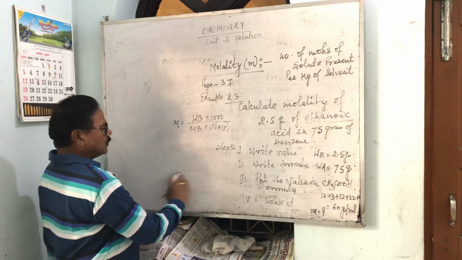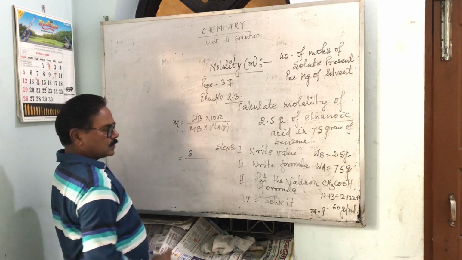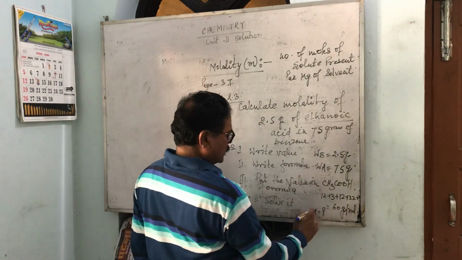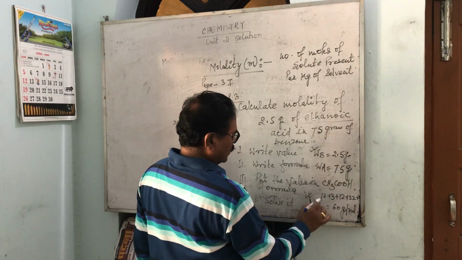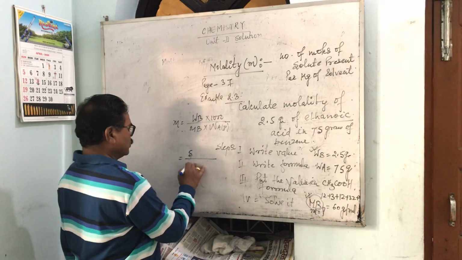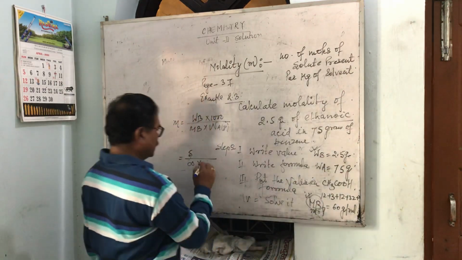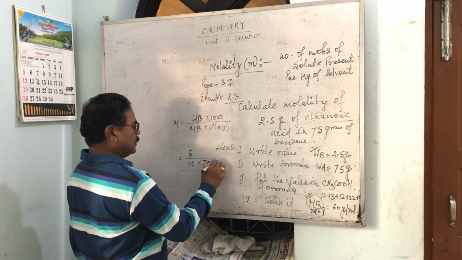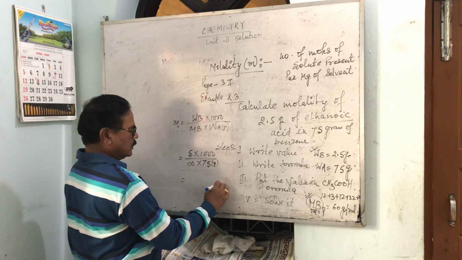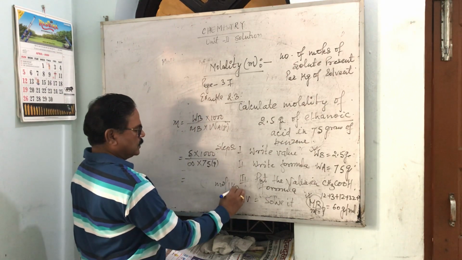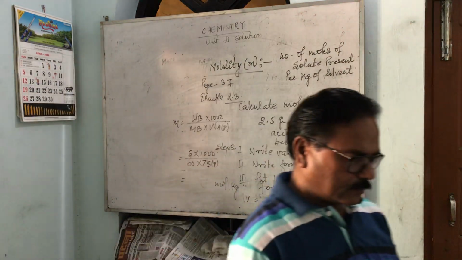Now put the values in the formula: 2.5 gram for WB, and the molecular mass of the solute is MB, which comes to be 60. Then the mass of solvent in gram is 75, and here we put 1000. Now on solving we get the result, and we write moles per kg. This will be the solution of this problem, right?